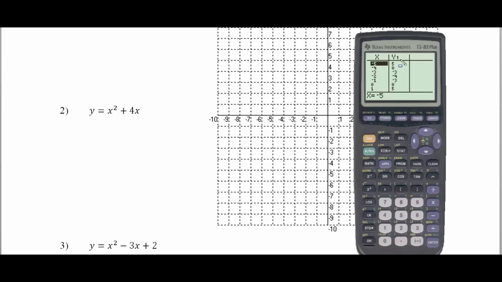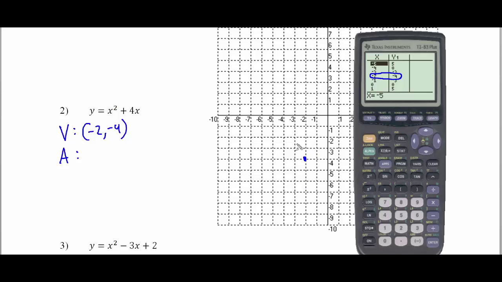I'm going to freeze the calculator. Now I'm going to take a look at my minimum value, which is this point at -2, -4. That -2, -4, which I will now put down as a dot there, and that's going to be my vertex. So -2, -4. And now I'm going to talk about my axis of symmetry. My axis of symmetry is going to be cutting this in half.